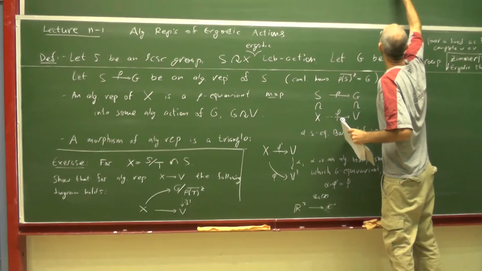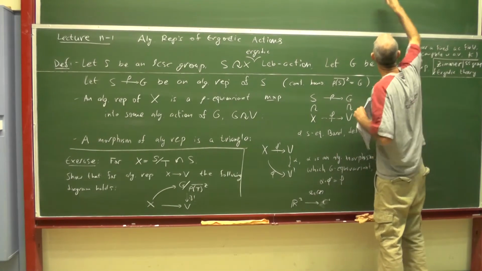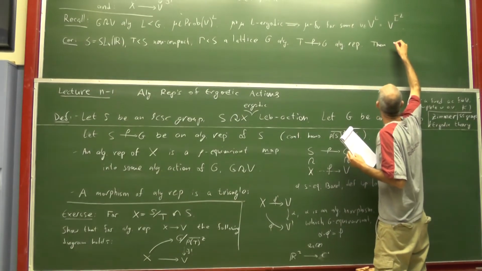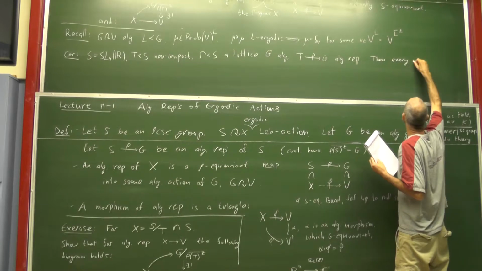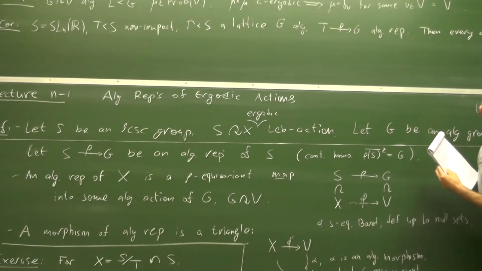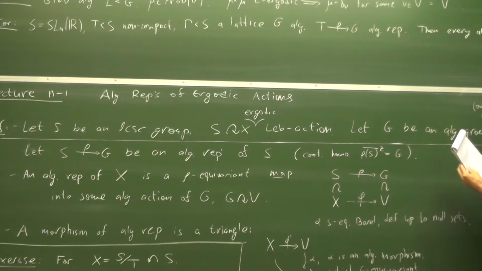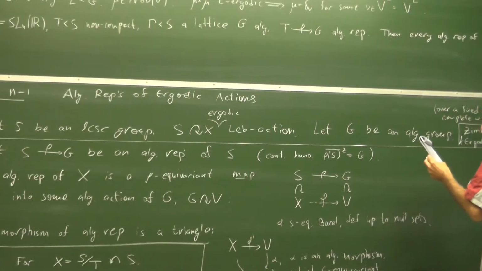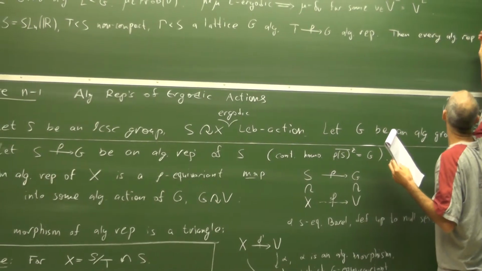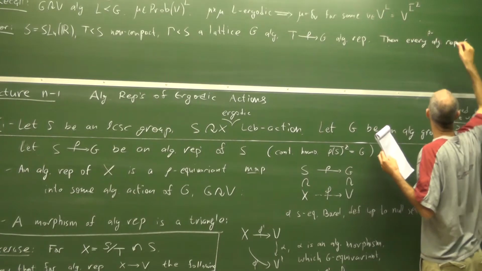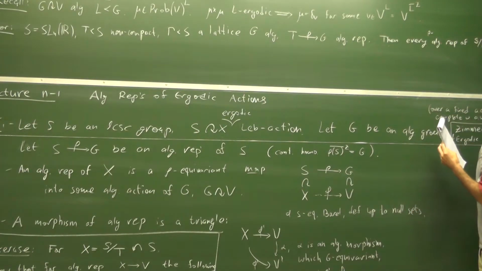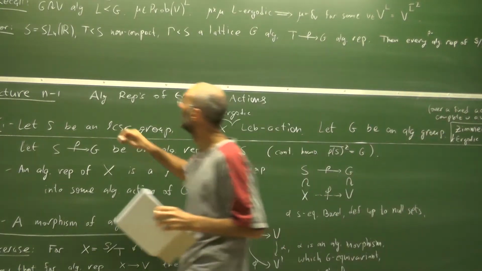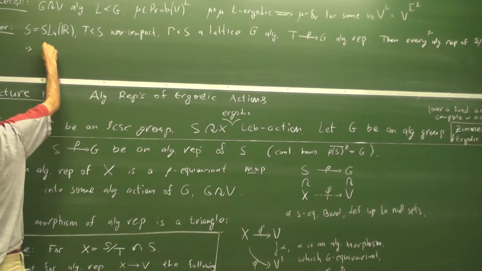Then every algebraic representation, or every T map, of S mod gamma is essentially constant.